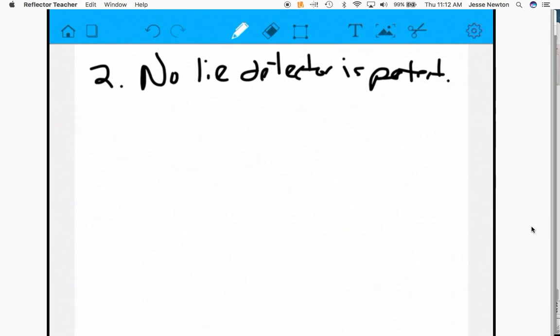And it's pretty close to being right. The only problem here is you have to name a class in your predicate term. Just saying no lie detector is perfect, perfect is an adjective. So you need a noun in order to name a class of things.